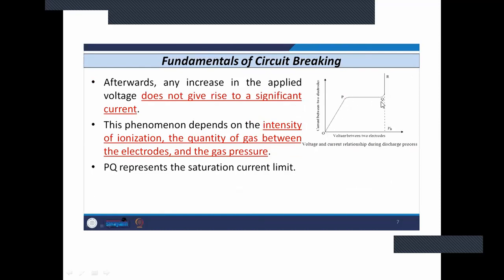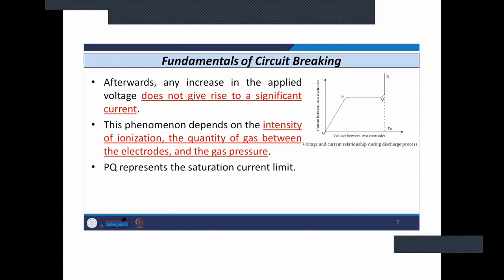Then we have an equilibrium condition, and we have discussed that after this the role of positive ions emerges. It means we have positive ions striking the cathode. The positive ions are heavy mass particles.